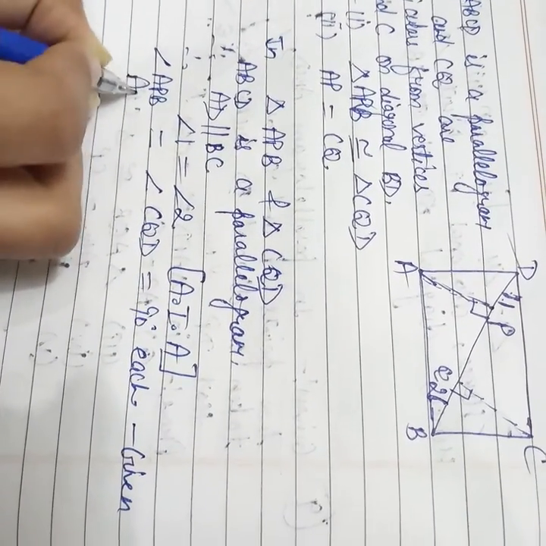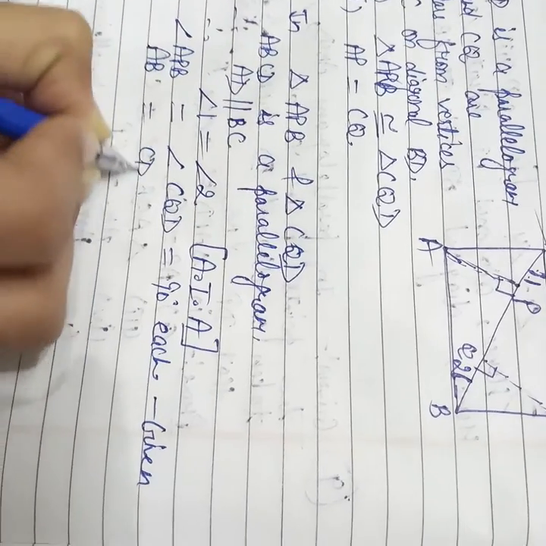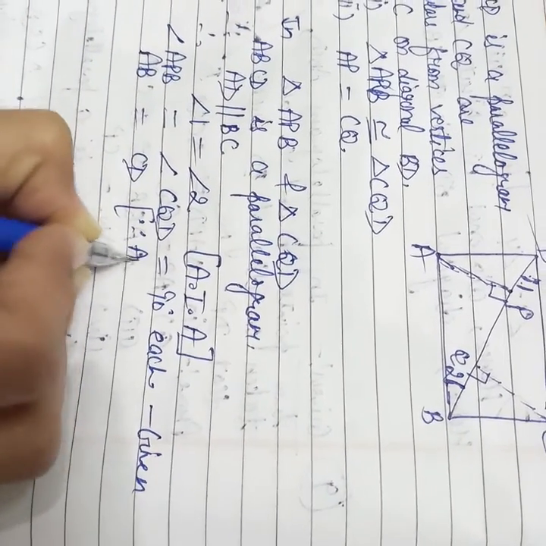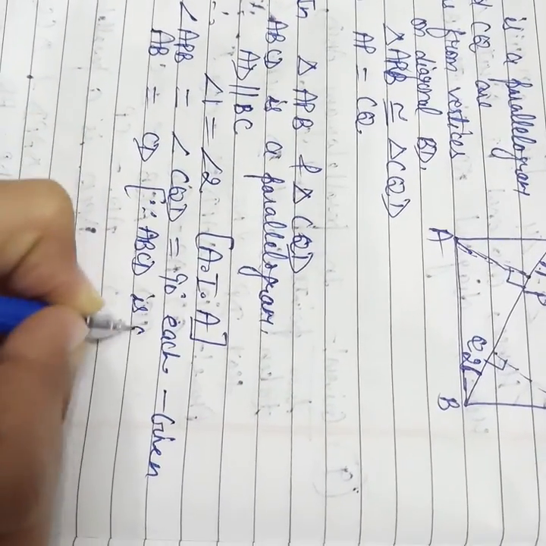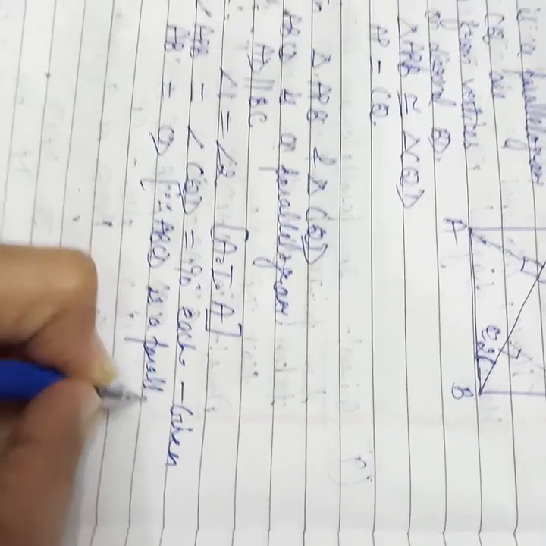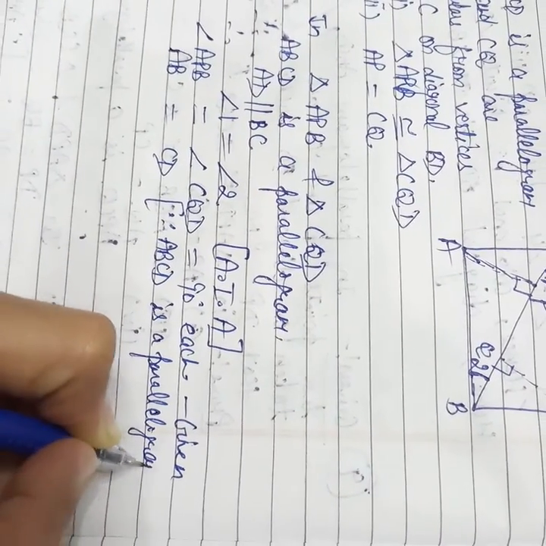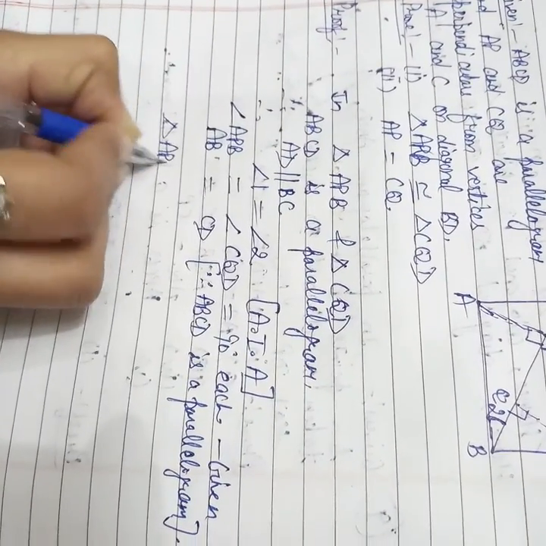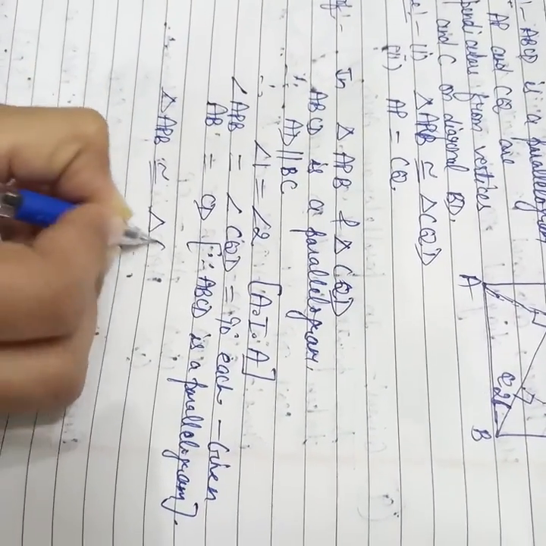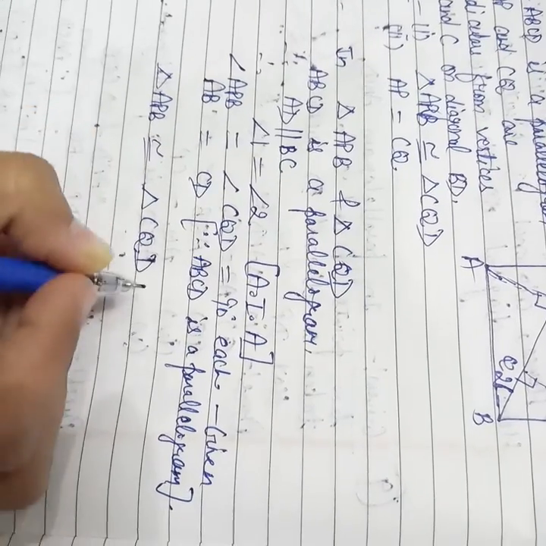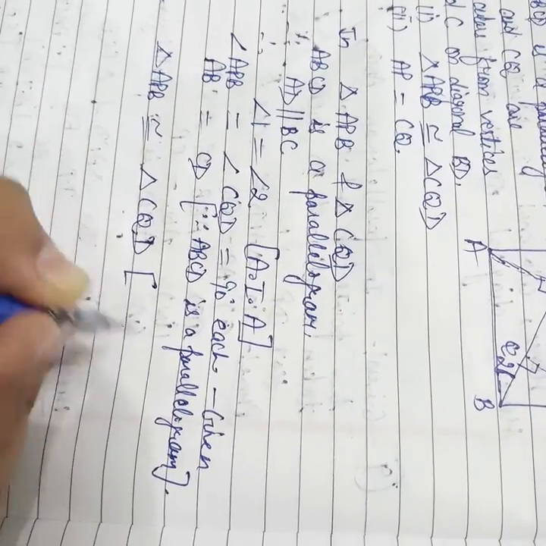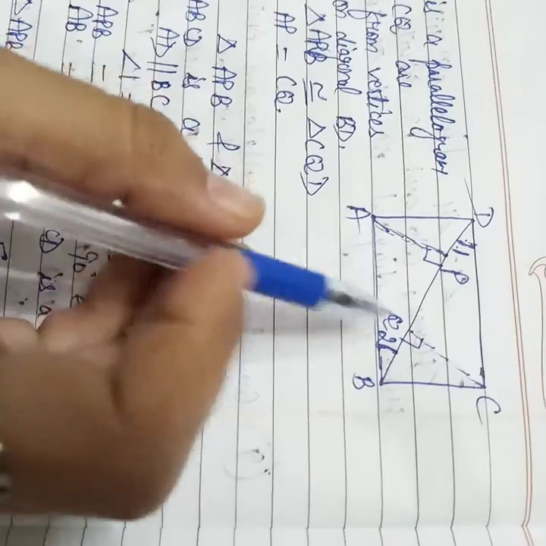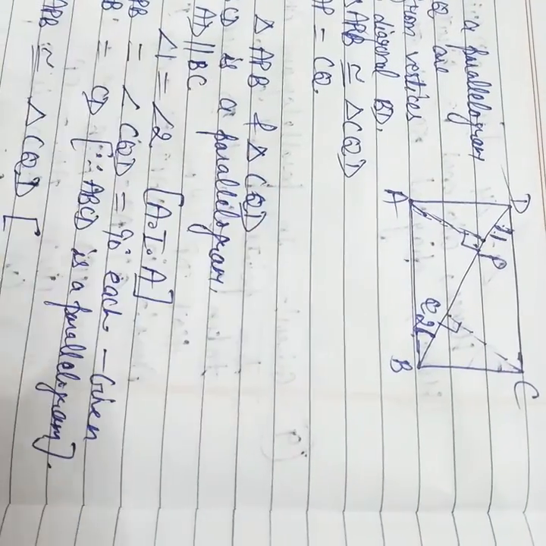And AB equals to CD because ABCD is a parallelogram and opposite sides of a parallelogram are equal. Therefore triangle APB is congruent to triangle CQD by angle angle side.